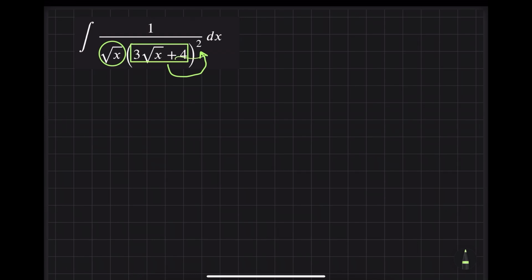So this is more ugly than anything else, correct? So we will take help of substitution and we will substitute 3 root x plus 4 as z. Now we will try to differentiate both sides with respect to x.